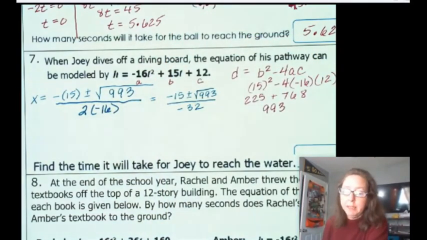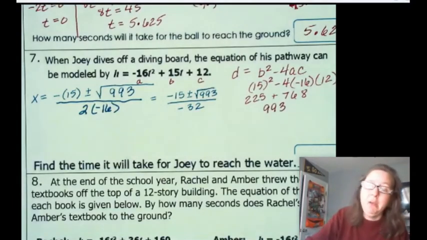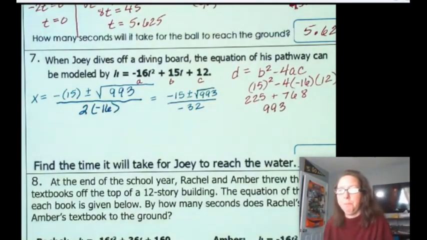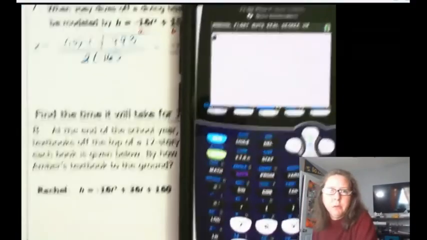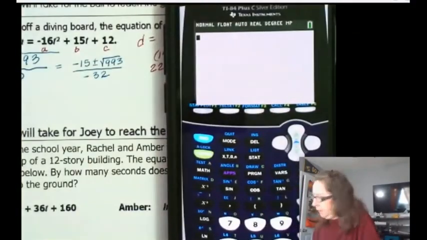So I'm going to go ahead, guys, and just type this in my calculator. So let me open up my calculator. There it is.